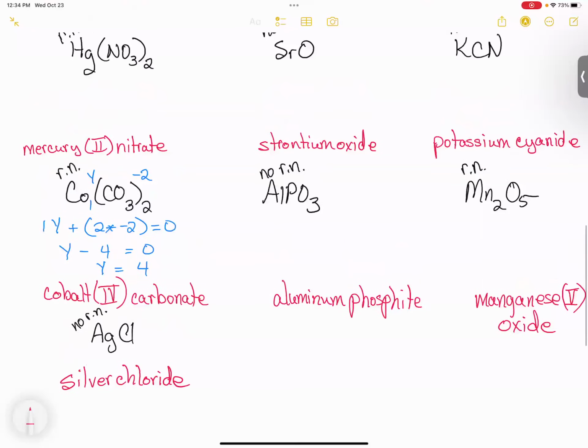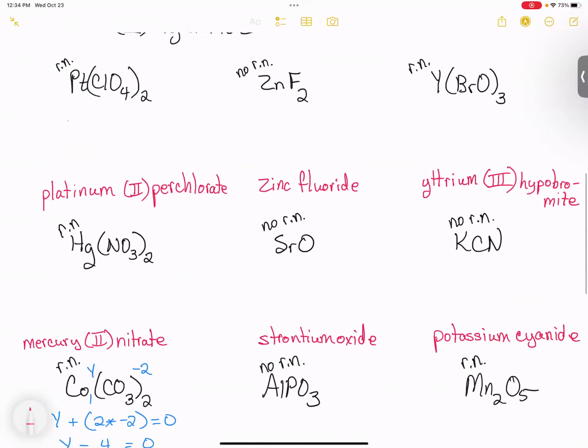So you'll notice in all of these cases, one of the first things I did was I figured out, okay, one challenge, probably the biggest challenge, is to know your polyatomic ions.